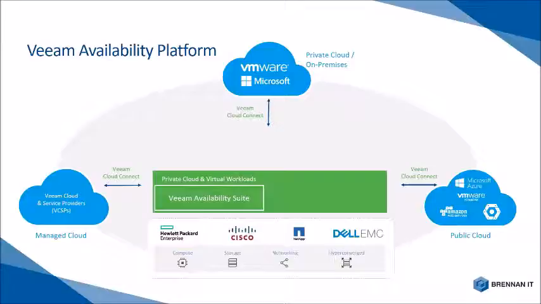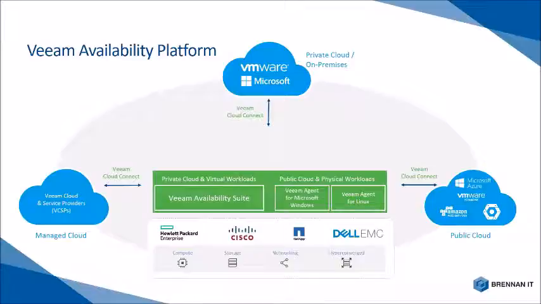But when the market started evolving and people needed to back up physical loads as well, or wanted to back up from the public cloud back to their data center, we saw the need to develop a new technology in order to capture physical loads and capture the public cloud. And that's what we introduced with the new version.